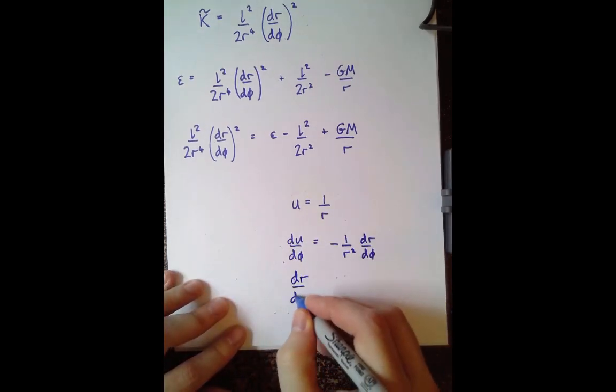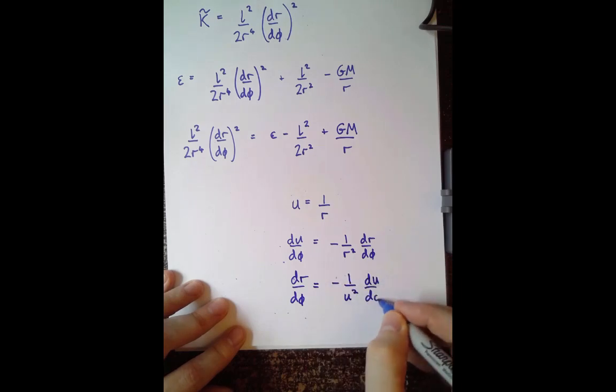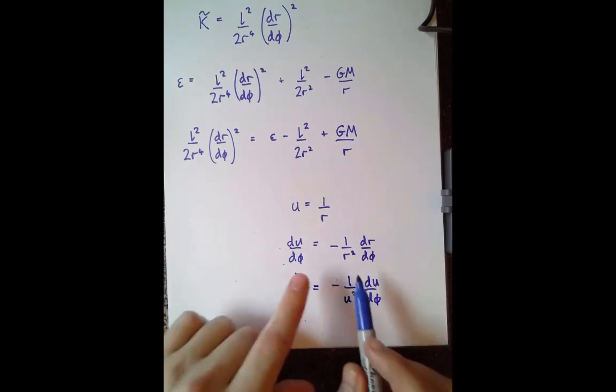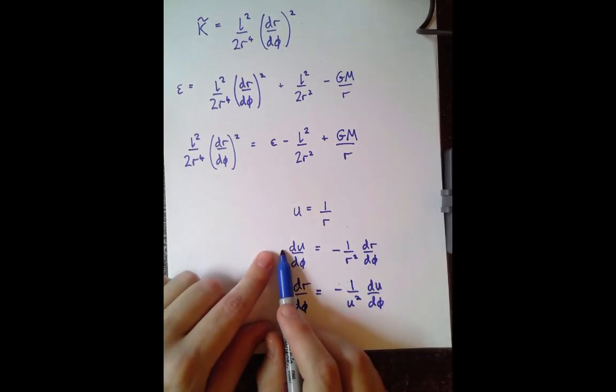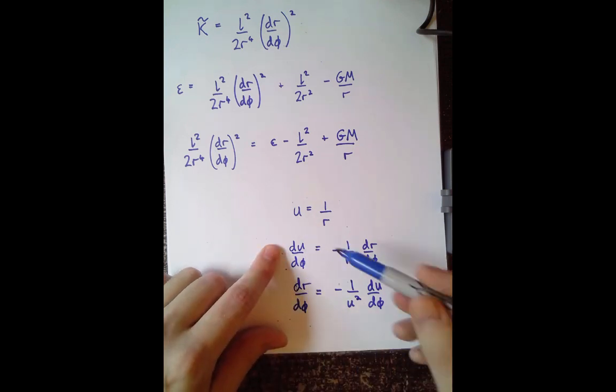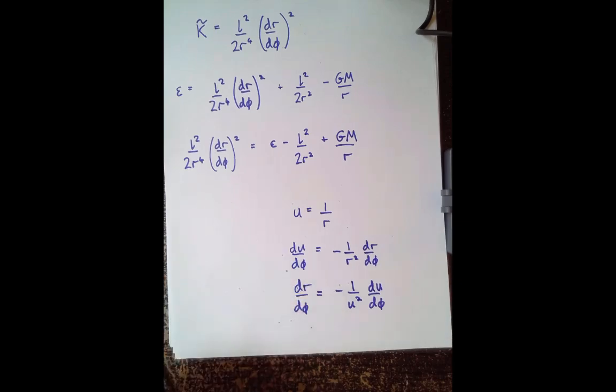Therefore, rearranging, dr/dphi is equal to minus 1 over u squared times du/dphi. What we've done here is multiply both sides by minus r squared, and minus r squared is just minus 1 over u squared from the definition of u.